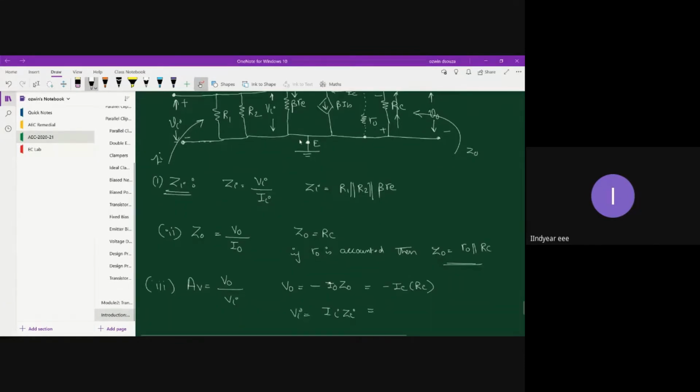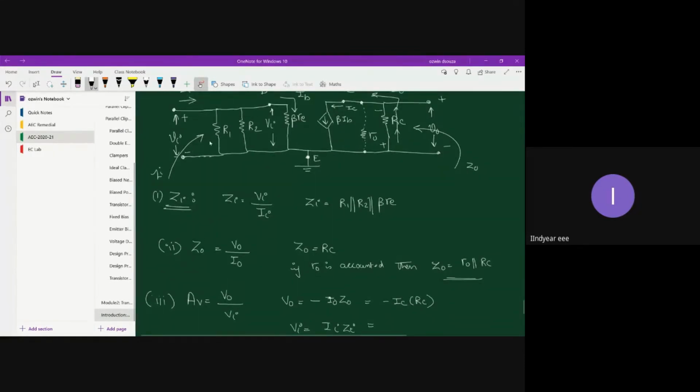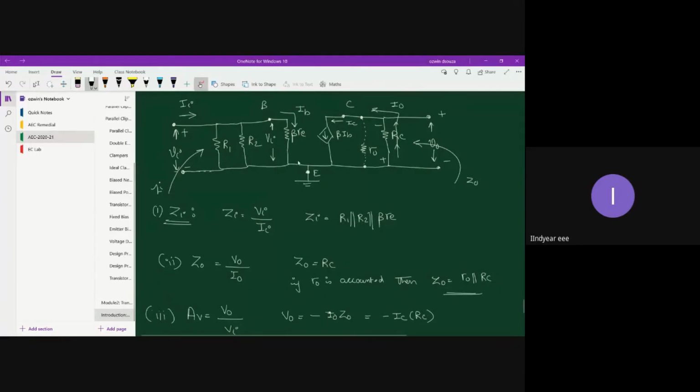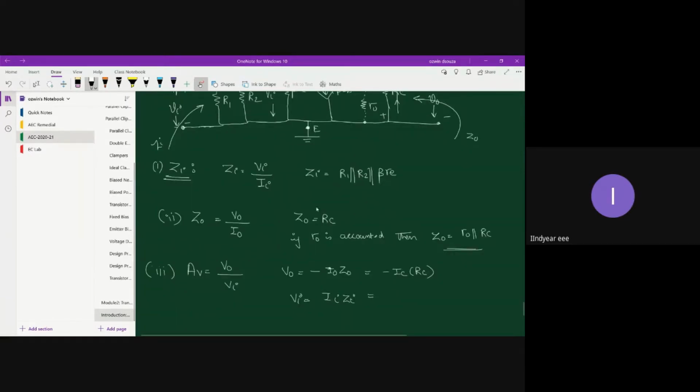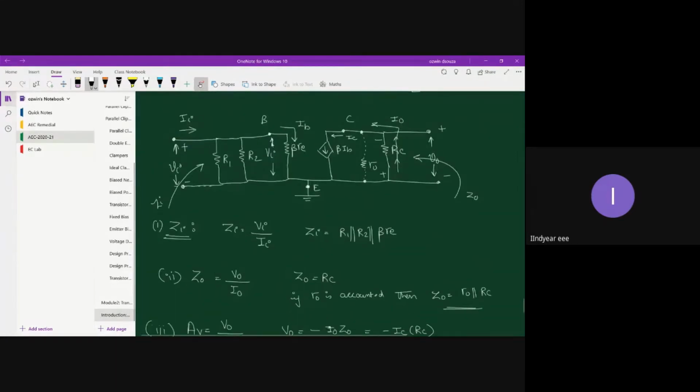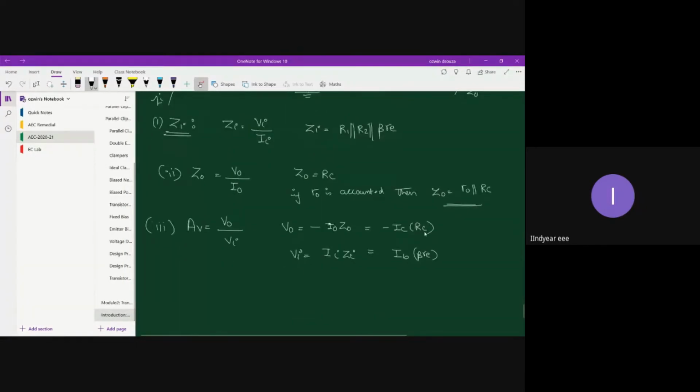But I'm going to measure VI across beta RE so that I will be able to take the current through beta RE as IB. So VI is equal to IB into beta RE, so that I will be able to get the ratio IC by IB. So AV is equal to minus IC into RC divided by IB into beta RE.